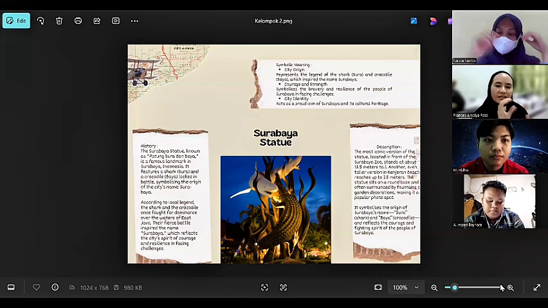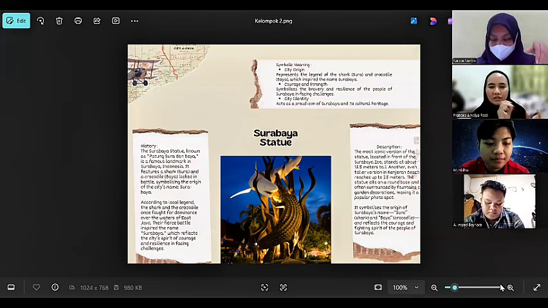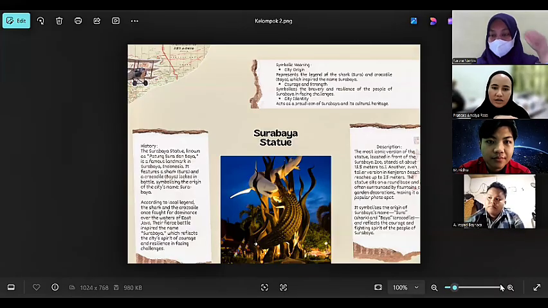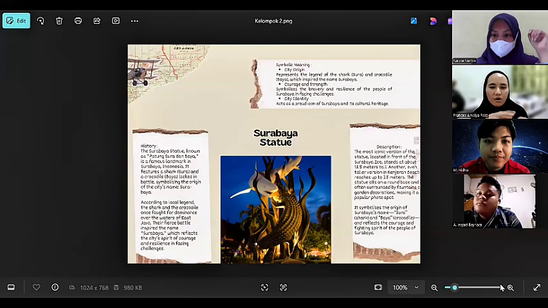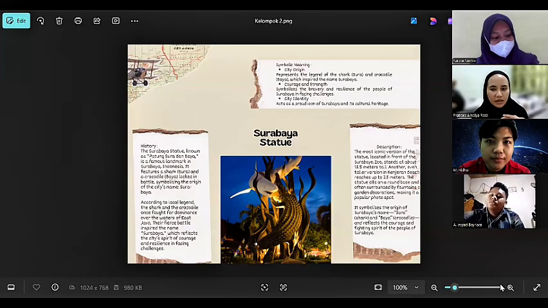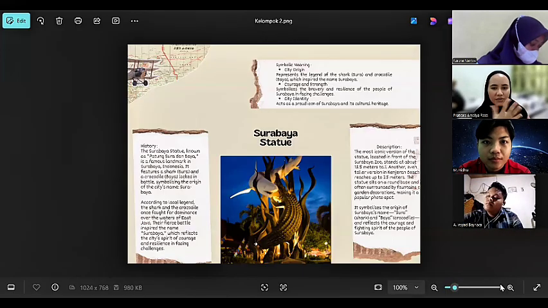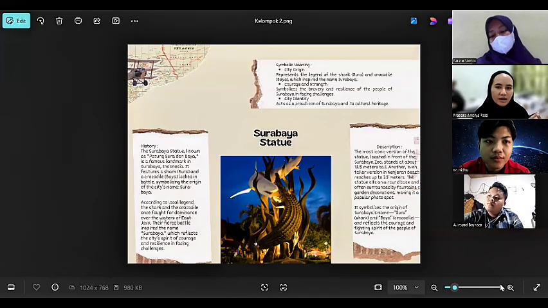The city is often nicknamed the City of Heroes because of its important role in Indonesia's fight for independence. So the name Surabaya is both a literal and symbolic reminder of bravery and resistance. Sura means shark and Baya, or boyo, in the Japanese language means crocodile.